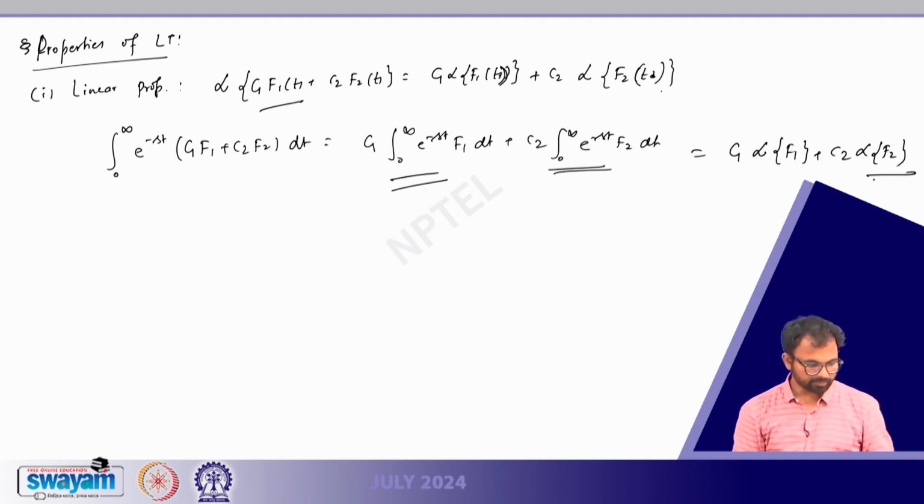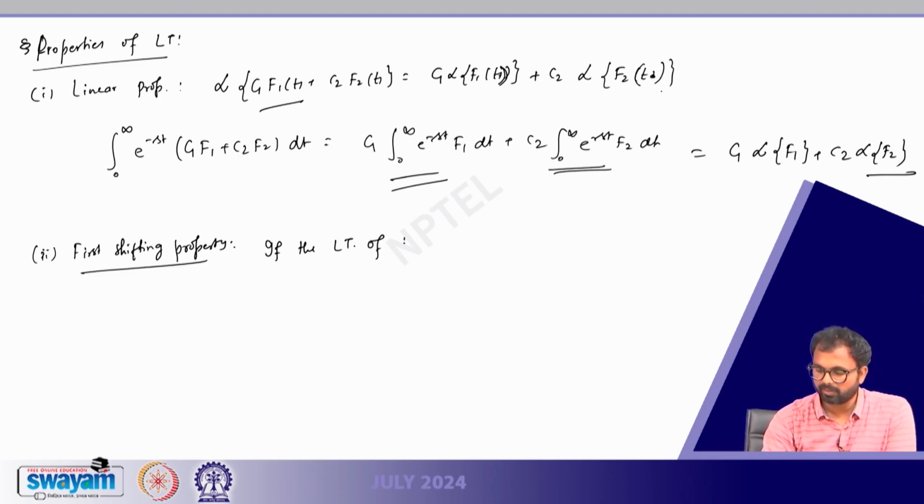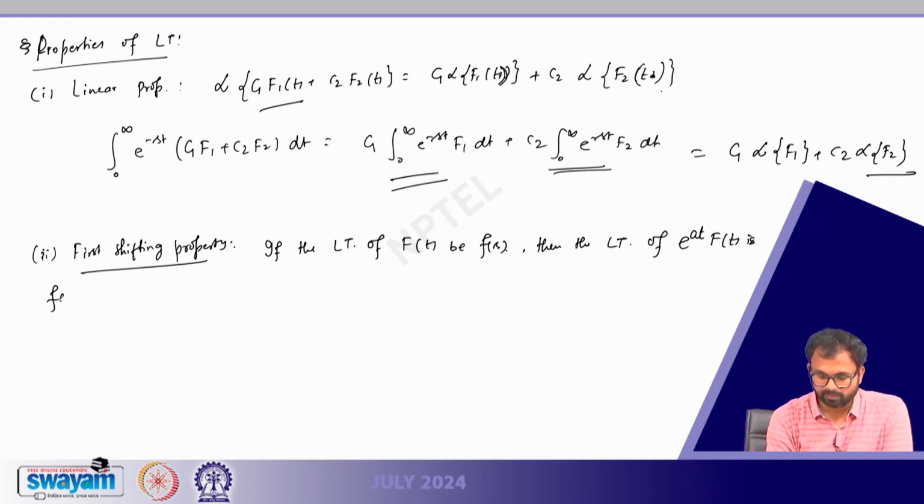Then we have another property called the shifting property. This is very important and we will use it every now and then. So the first shifting property: if the Laplace transform of f(t) is F(s), then the Laplace transform of e to the power at times f(t) is F(s minus a).